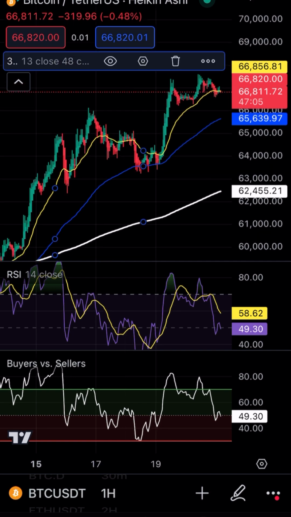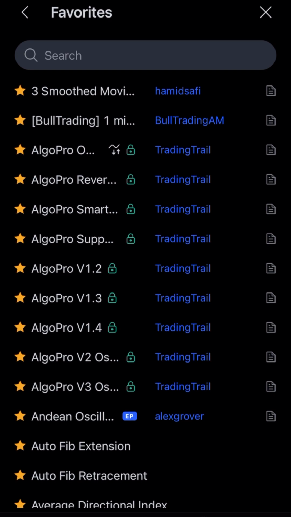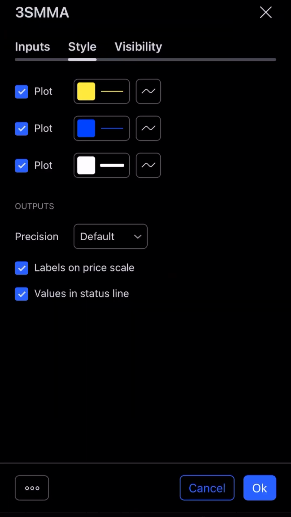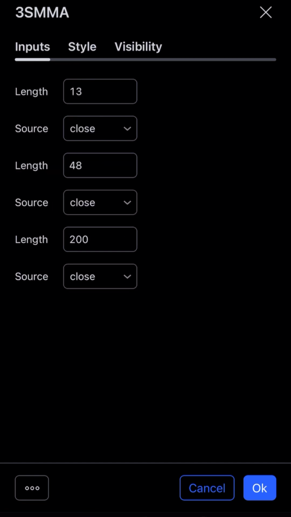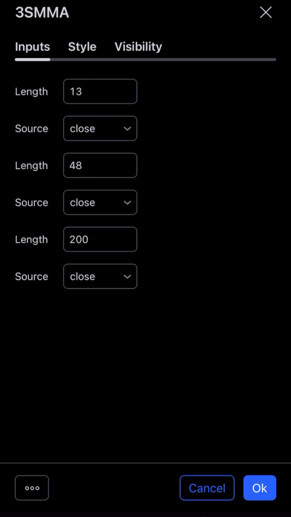I have this set up as 3 smooth moving averages. Set your colors bright, and have the colors stand out. And then we have it set for 13, 48, and 200.